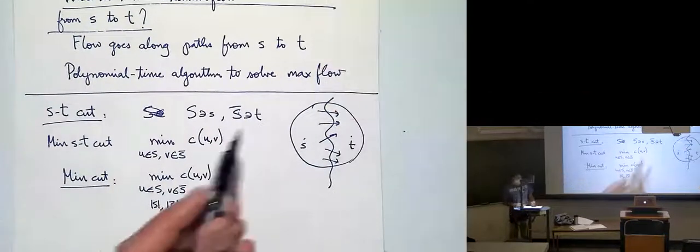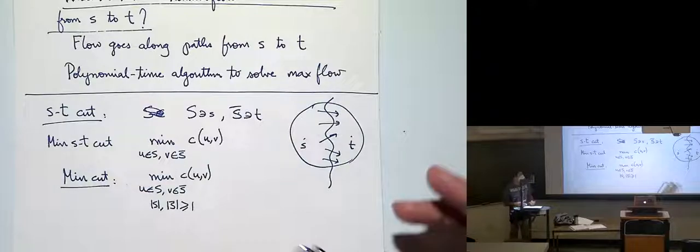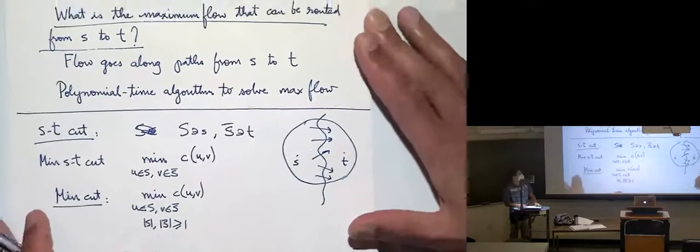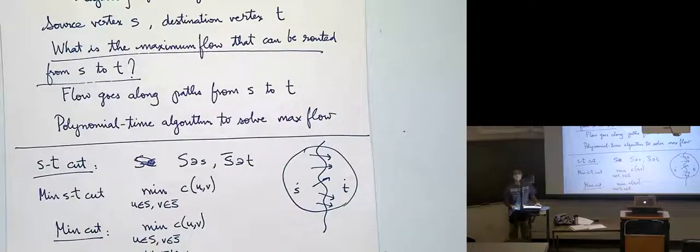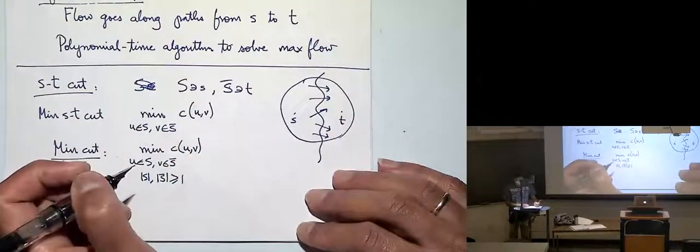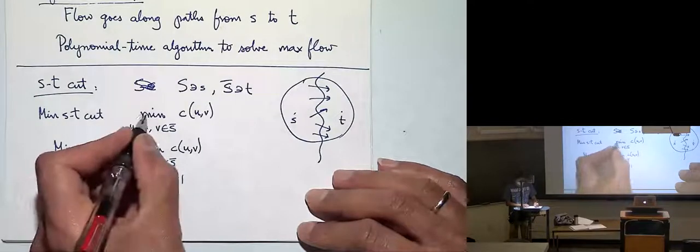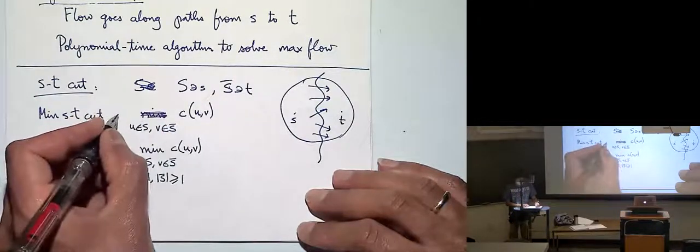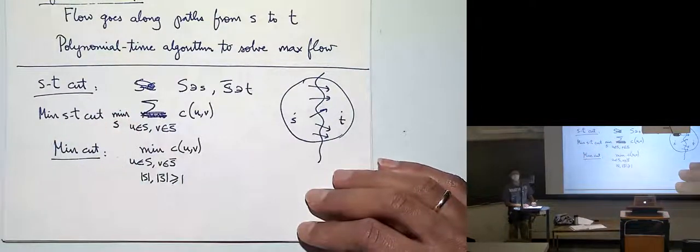Okay, so let's look at this problem and try to understand how these problems relate to each other. Yeah, question? Do you minimize the summation? I'm sorry, yes, sorry, minimize. It's the min over all S of this summation.